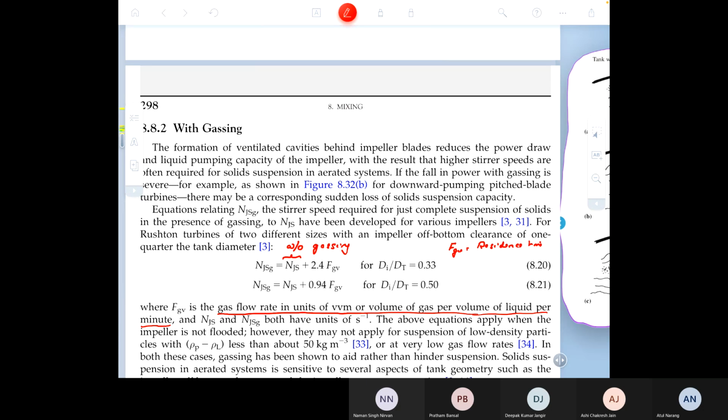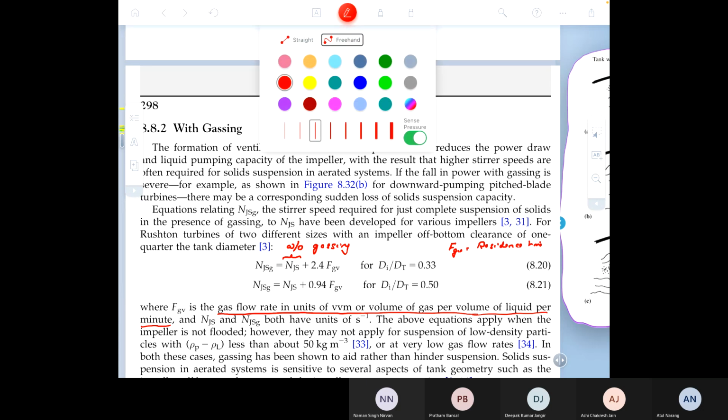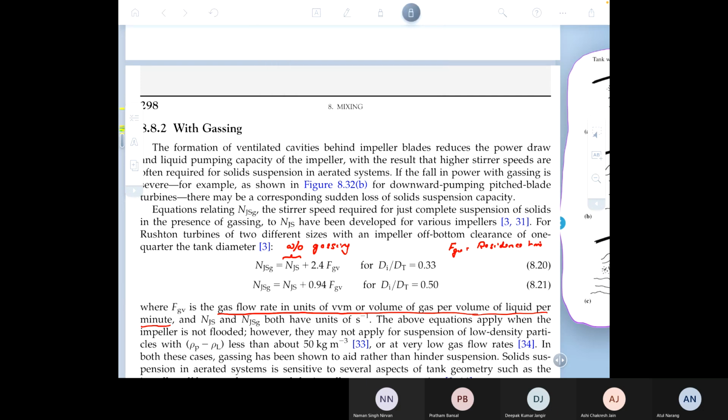I should correct myself. The easiest way to remember it is 1 divided by FGV is approximately equal to the residence time of gas, in some way.